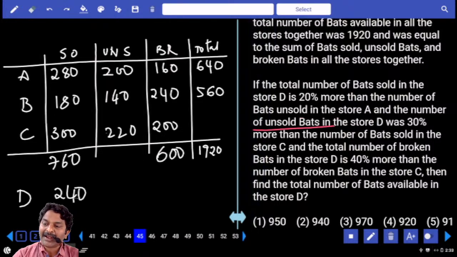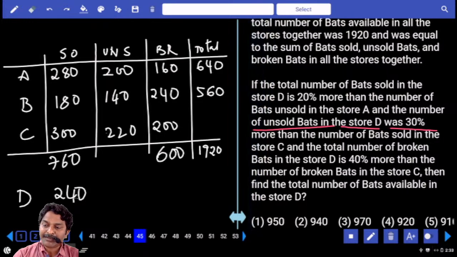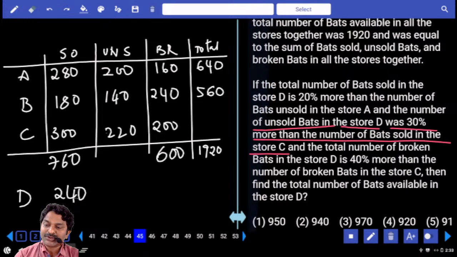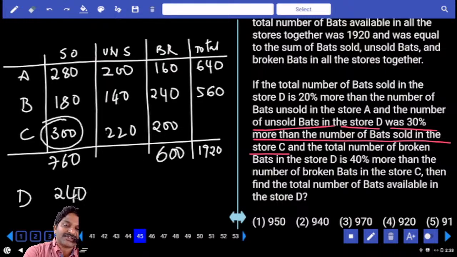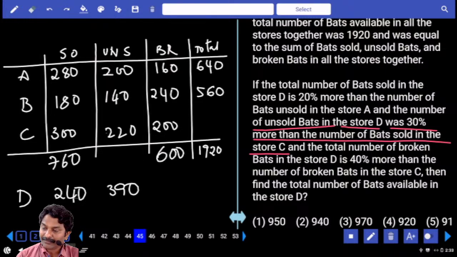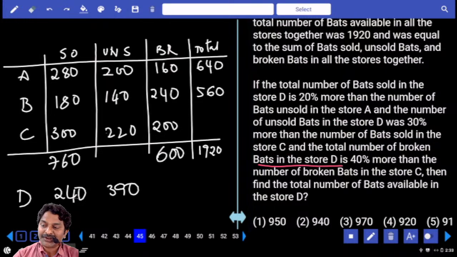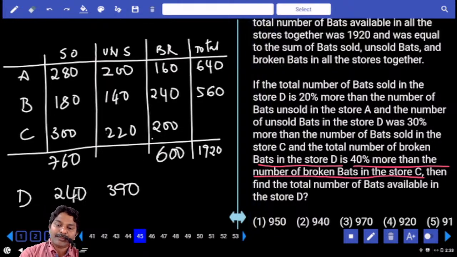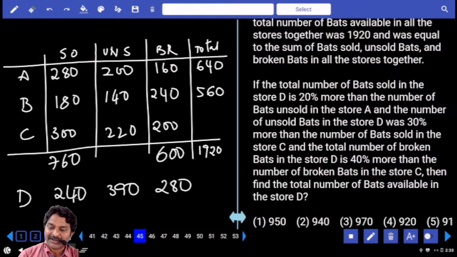Number of unsold bats in store D was 30% more than bats sold in store C. Sold in store C, 300. 30%, 90. 90 more, 390. Broken bats in store D is 40% more than broken bats in store C. Broken in store C, 200. 40%, 80. 80 more, 280. Then find the total number of bats available in store D.